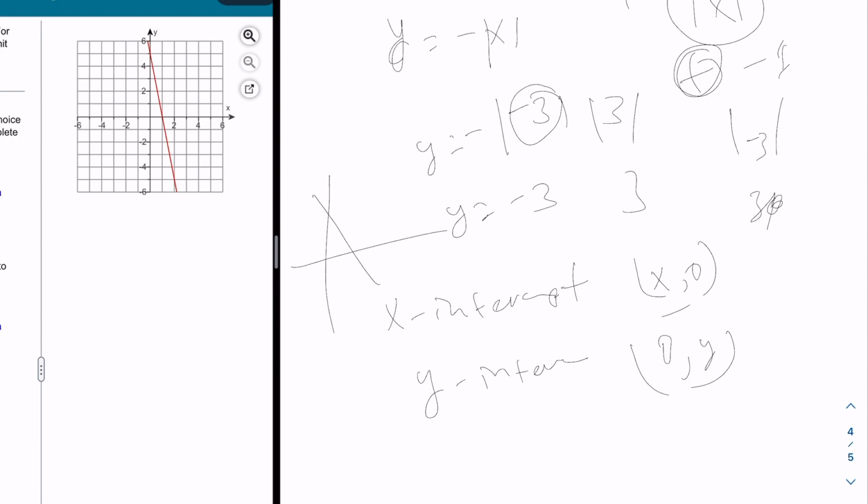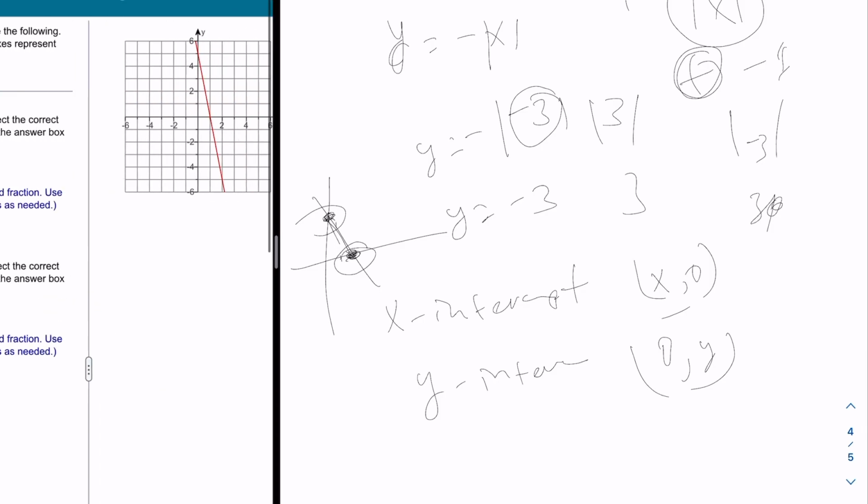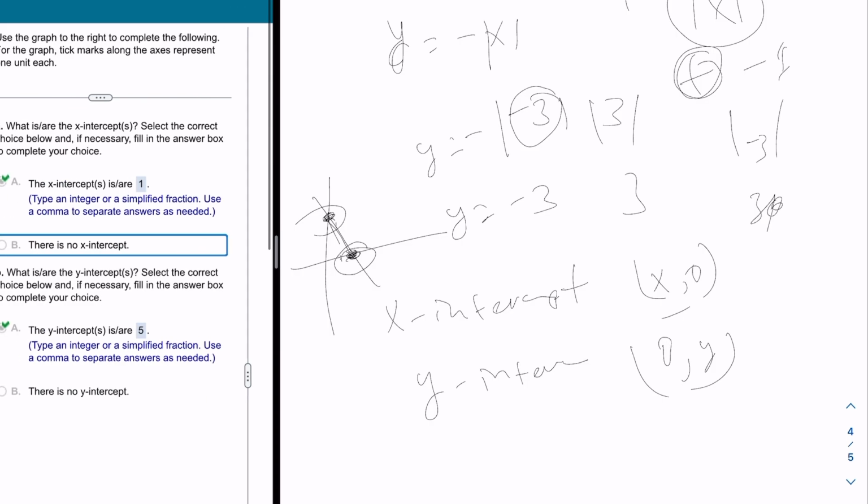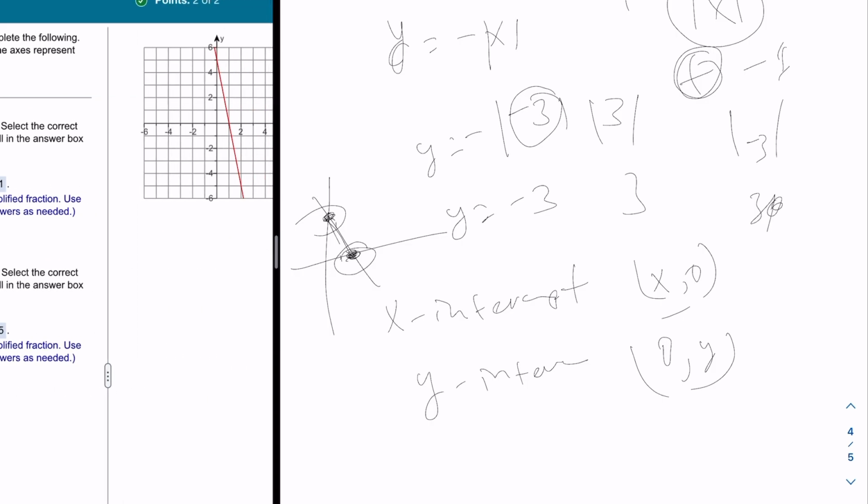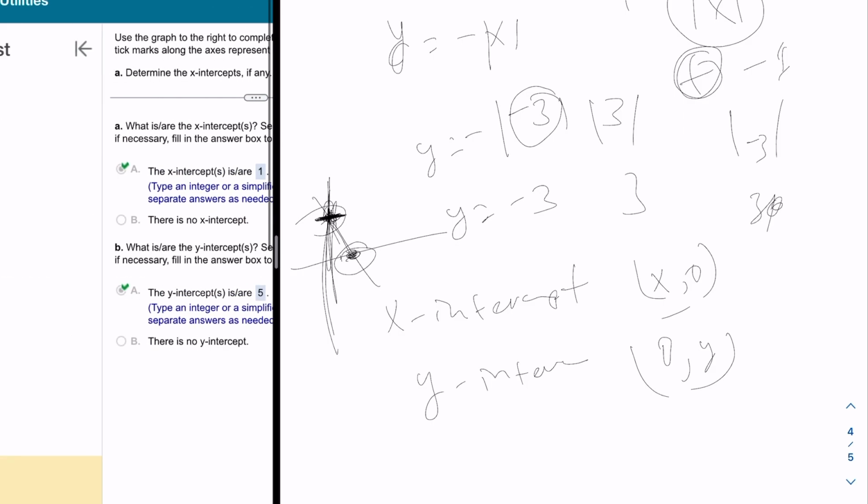From the graph you can see it's like this, right? You can see it touches here, so here y is 0 and here x is 0, so these two are our intercepts. This is called the x-intercept, this is called the y-intercept. So our x-intercept is 1, and our y-intercept is, look at the y-axis, at 5, you can see it crosses the y-axis, and there we have 0 x coordinate, so this is the y-intercept.